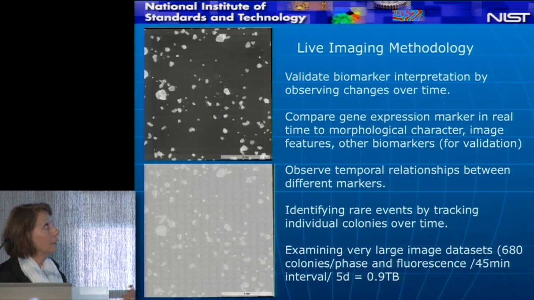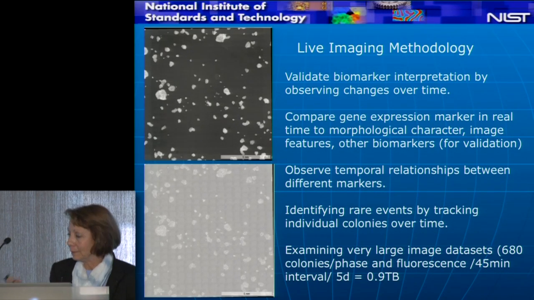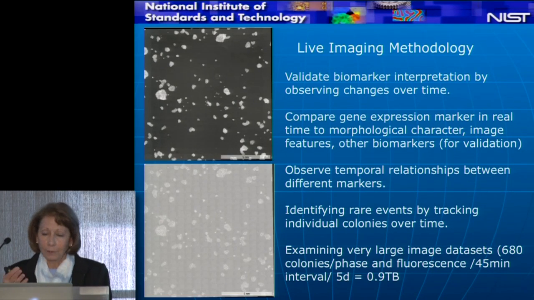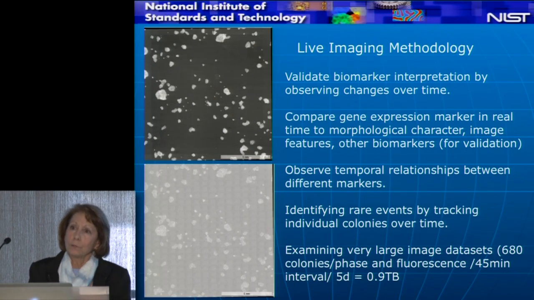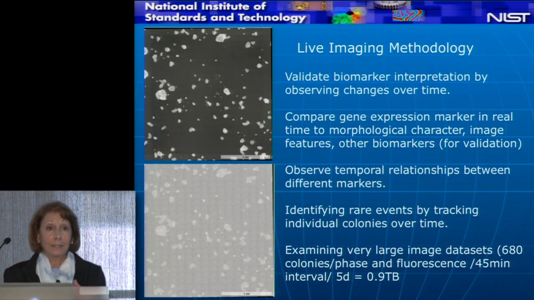So, for example, the colony analysis feature extraction study that I had just mentioned presupposes that there are features associated with the bright field or phase contrast image of a colony that can be associated with its pluripotent state.